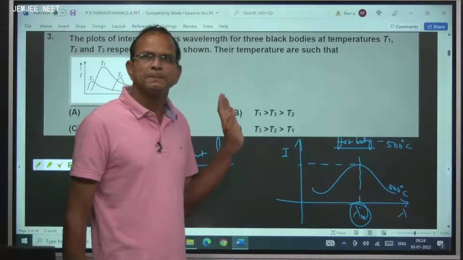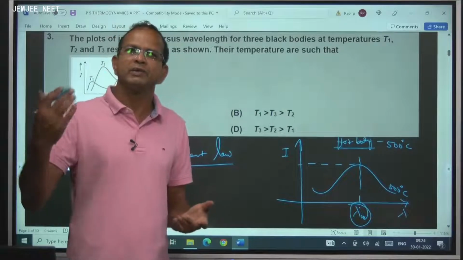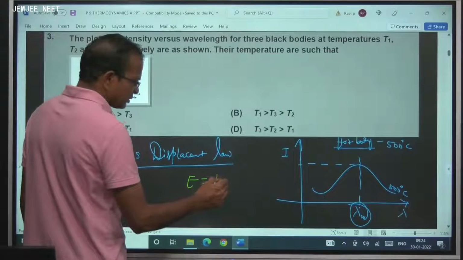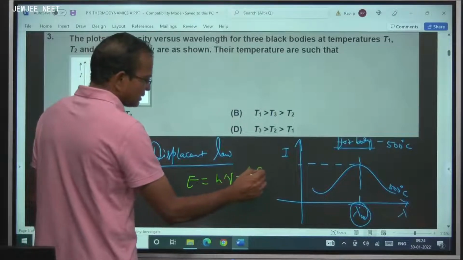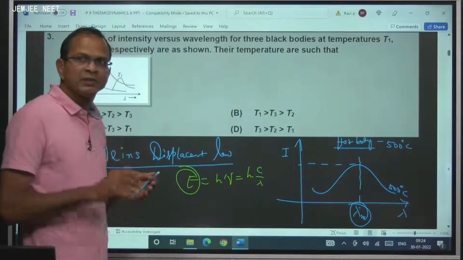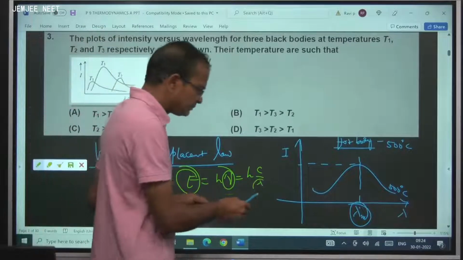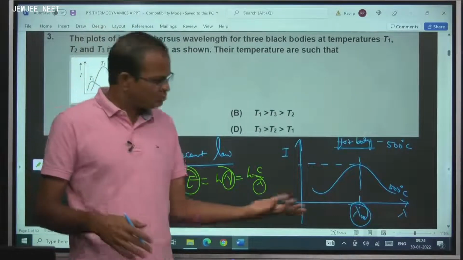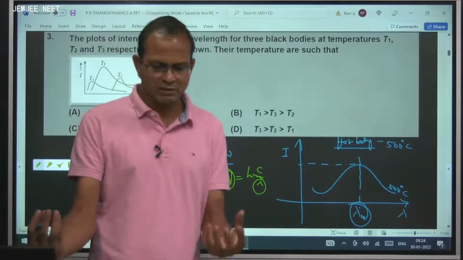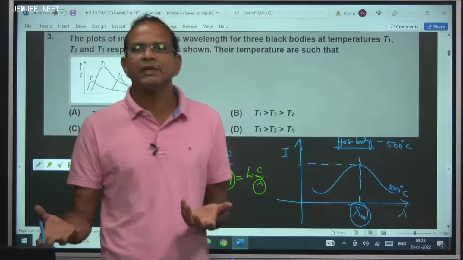Left. Excellent. Because when the temperature is more, wavelength is less and frequency is more. Look at E is equal to h nu, the packet of energy, hc by lambda. When the temperature increases, the energy of photons increases, frequency increases, and wavelength decreases. With the 300 degrees Celsius steel I couldn't see it because it was emitting infrared.